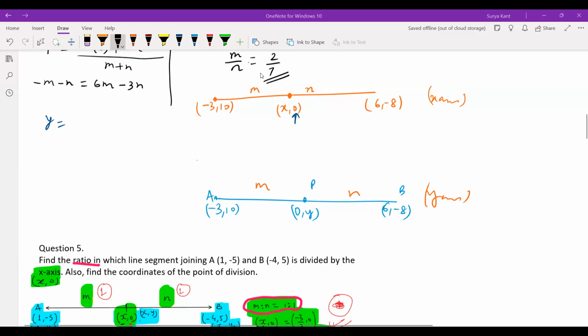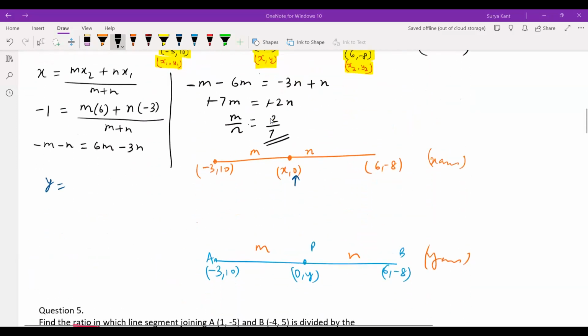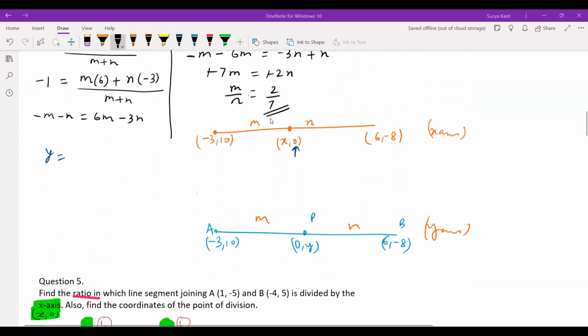I got 3 answers over here: 5:4, 5:4, 1:2, right? So let me check here. First answer: y is equal to (m into -8 plus n into 10) divided by (m plus n).